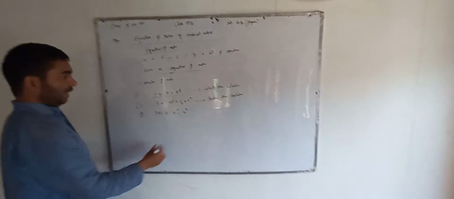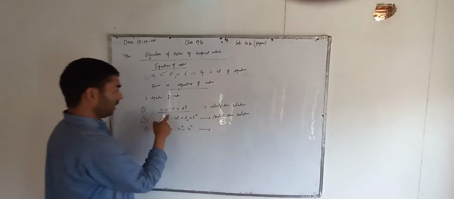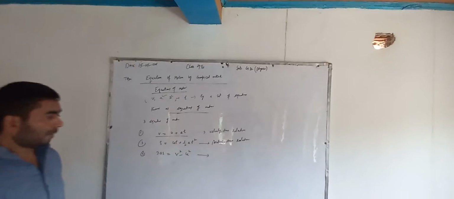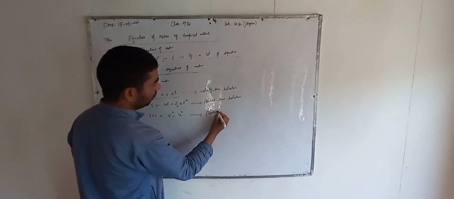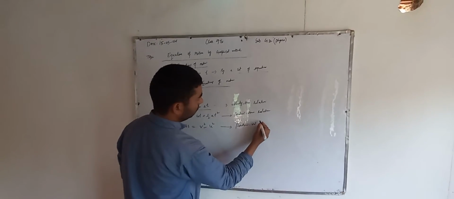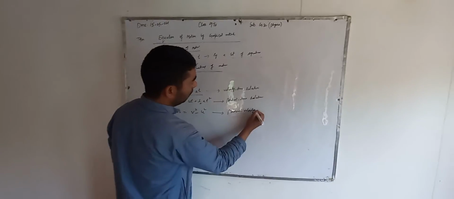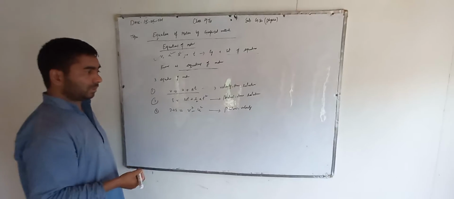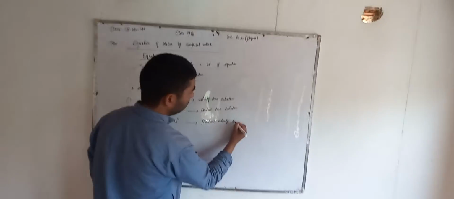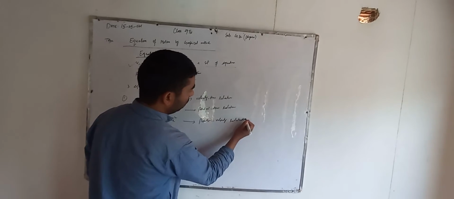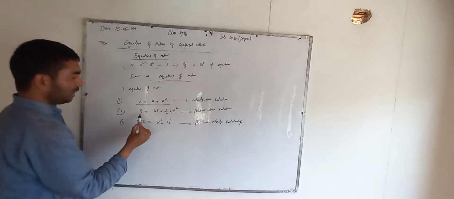Okay students, and equation third describes the relation between position and the velocity, position velocity relationship.